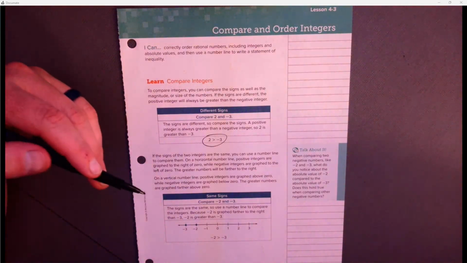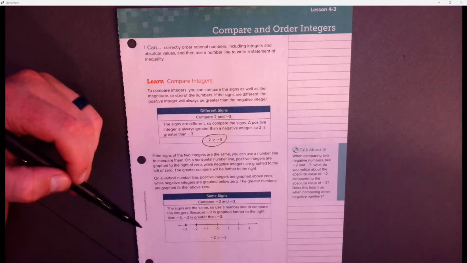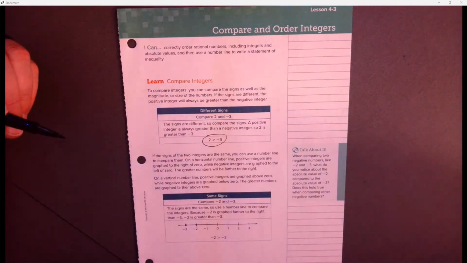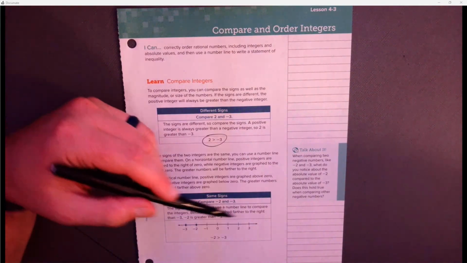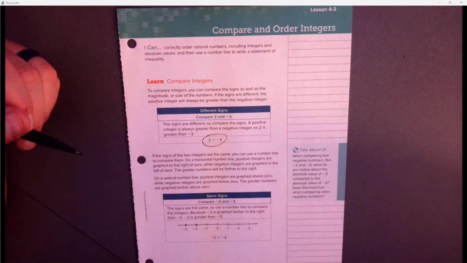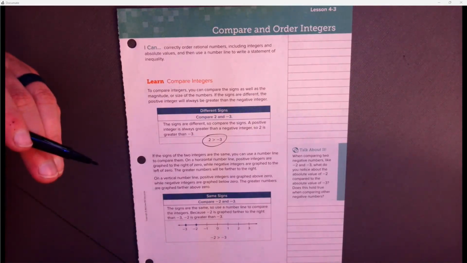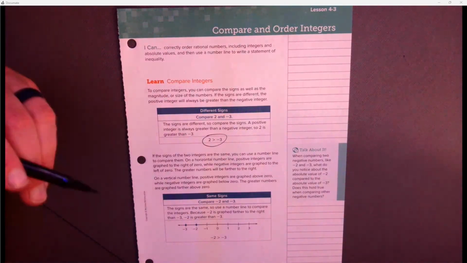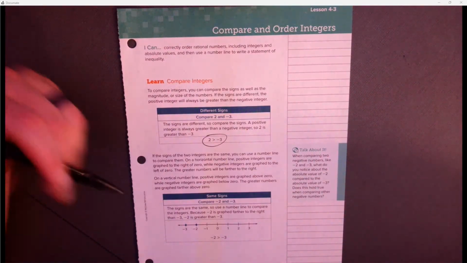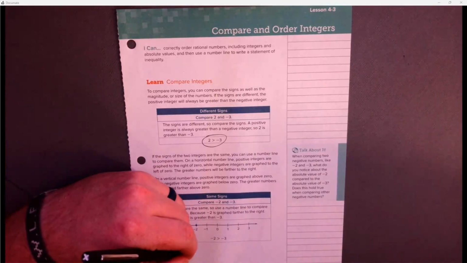We can also remember that numbers to the left of 0 are negative. Numbers to the right of 0 are positive. One simple trick I like to remember about which one's less and which one's greater is less and left both start with the letter L.